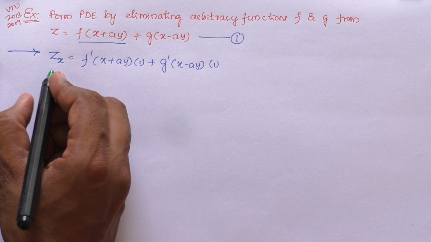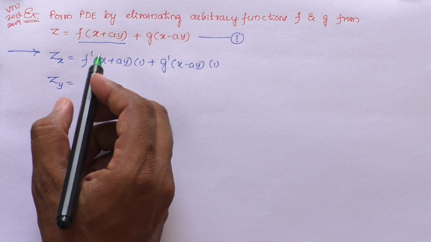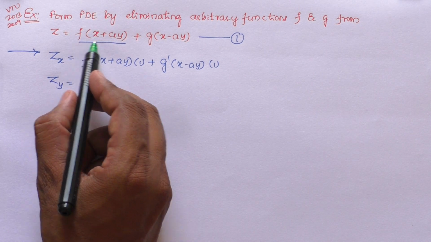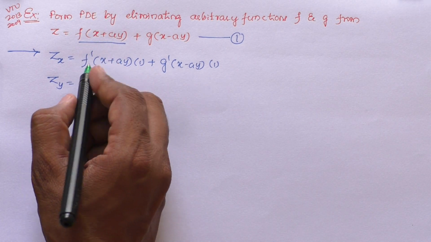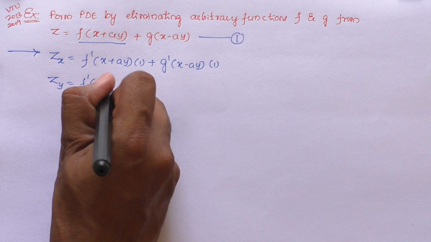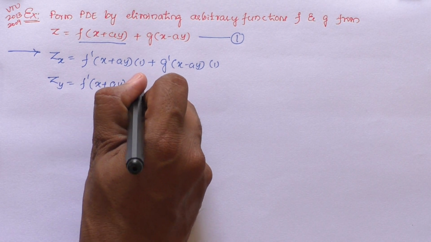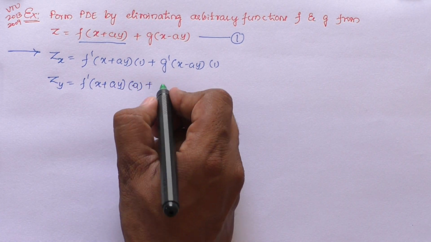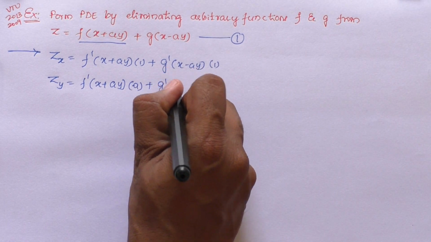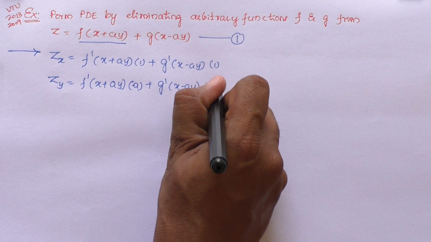In the same way, let us go for zy, the first order differentiation with respect to y. It will be f dash of x plus ay into a, plus g dash of x minus ay into minus a.